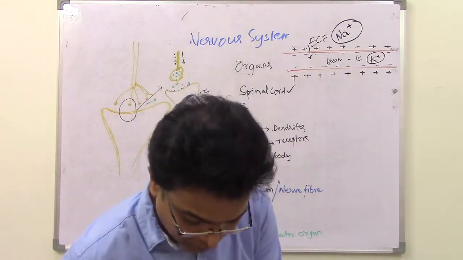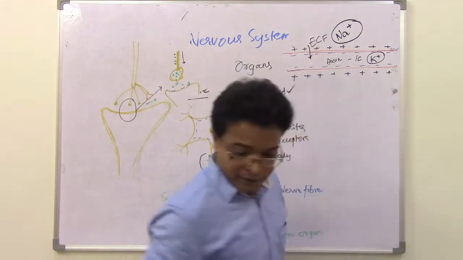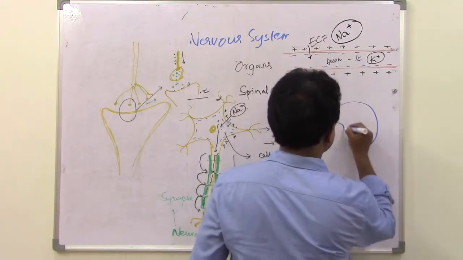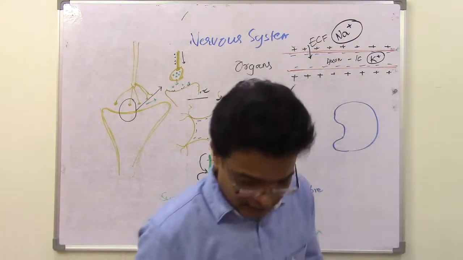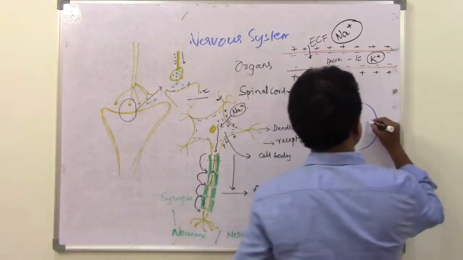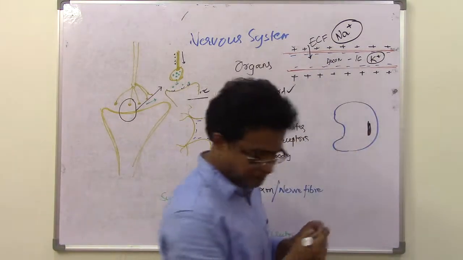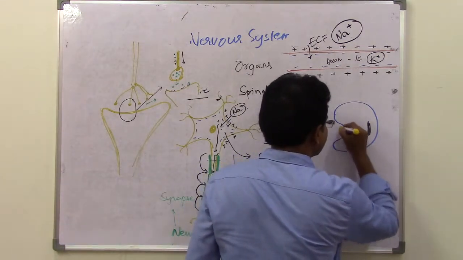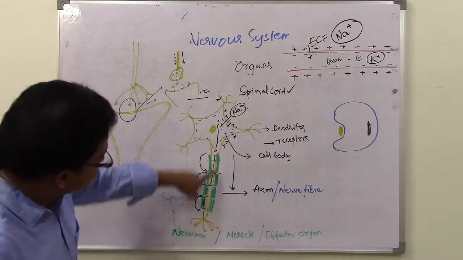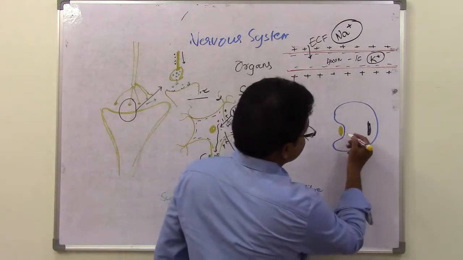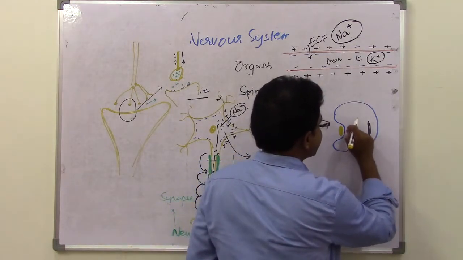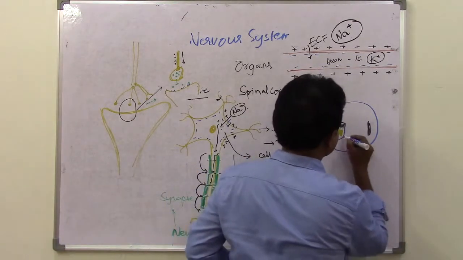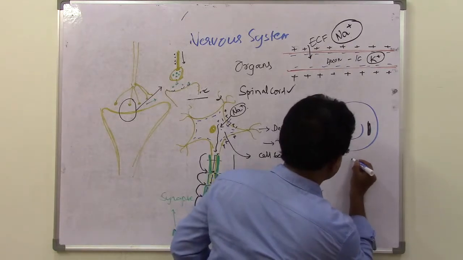A small note on how, if you look at the Schwann cell, let's say this is a Schwann cell. Here we have the nucleus of the Schwann cell. See, this is our neuron. This is our axon, and the way it forms is, it goes inside and forms a sheath around it. So let us draw it here.